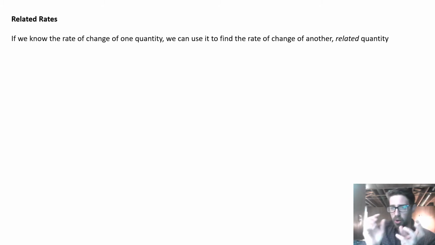So we have two quantities that are related. You'll see in a second. One thing is happening at a certain rate. We use that to figure out at which rate the other related thing is happening. The only way to wrap our heads around this is just to see examples. So I'm just going to show you 3 examples right now.